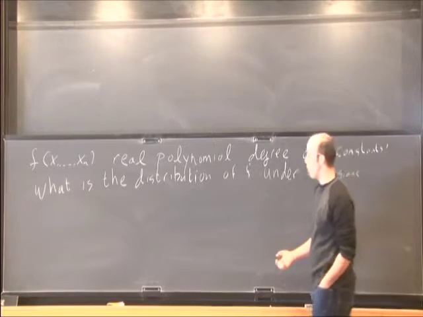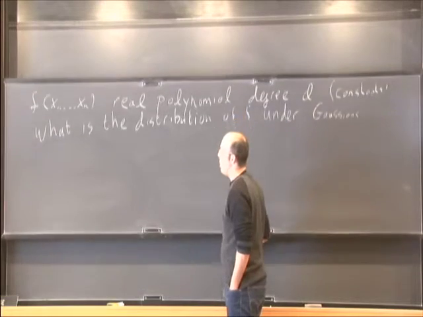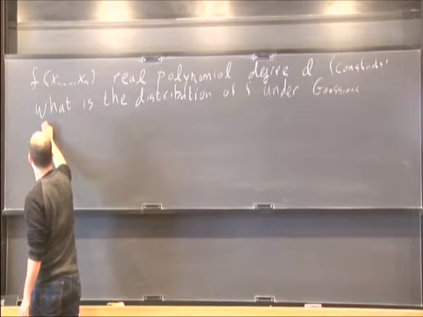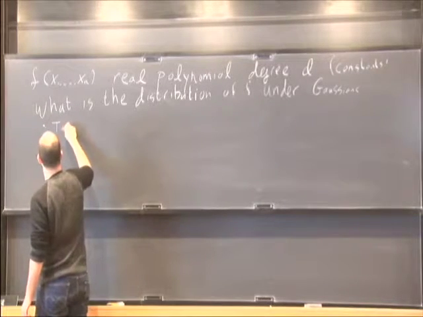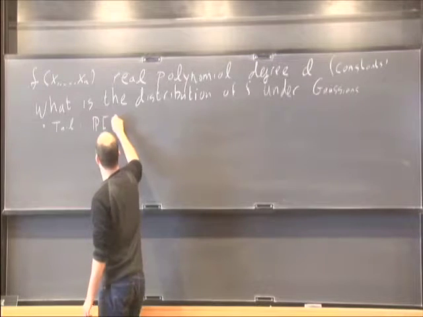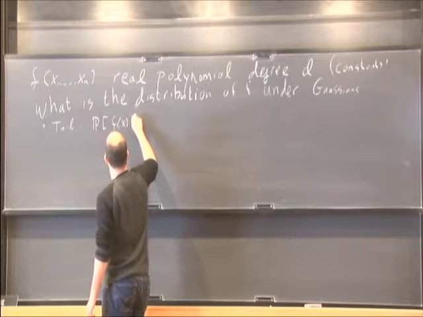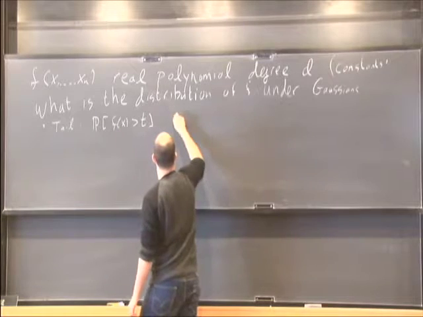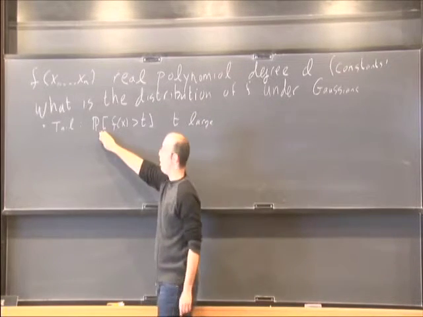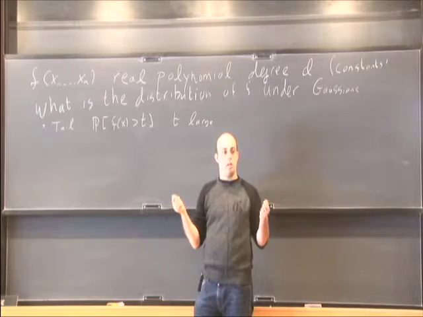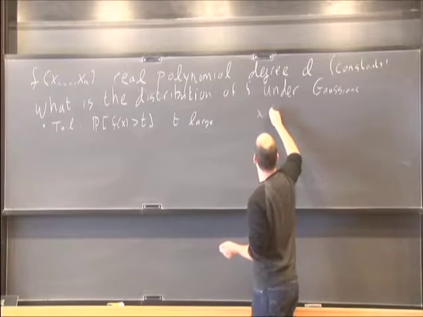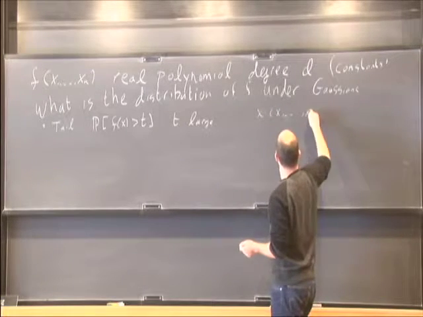Let me give you two specific questions that people have studied a lot. One is about the tail: what's the probability that f of x is larger than t, when t is large? Unless I specify otherwise, the inputs are all independent standard normals, and by x I just mean x1 to xn.